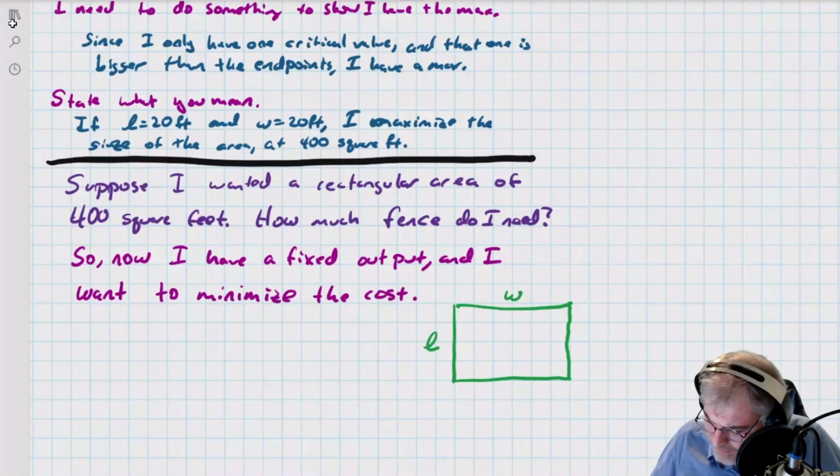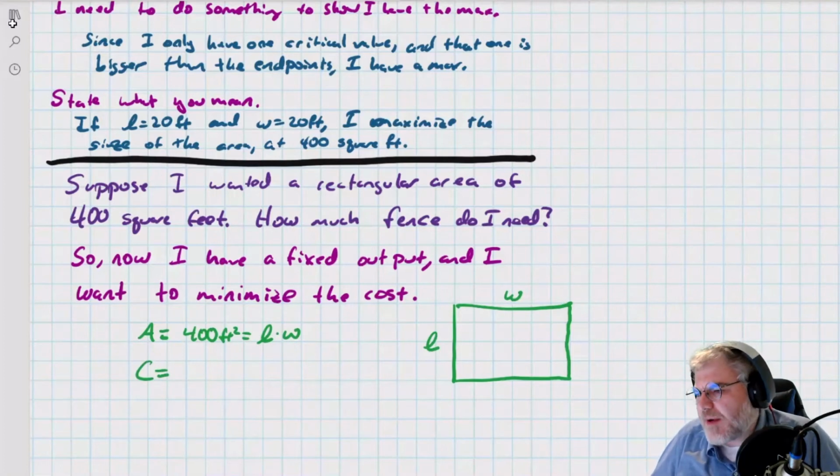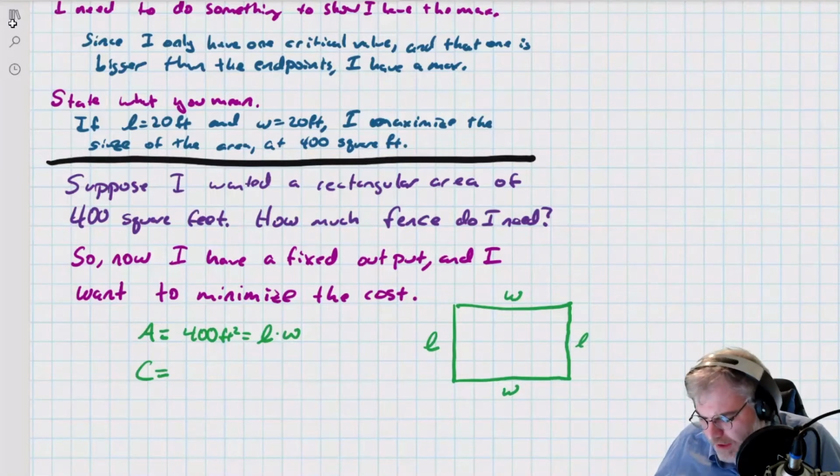And I know that the area A equals L times W. And I know that my cost, and I'm just going to call it C. Yeah, it's my perimeter, but I'm going to call it my cost, just because it's the thing that I'm always kind of doing here. And I could call this Q, my quantity, if I wanted to be consistent across the board. But whatever. Cost is the kind of thing.